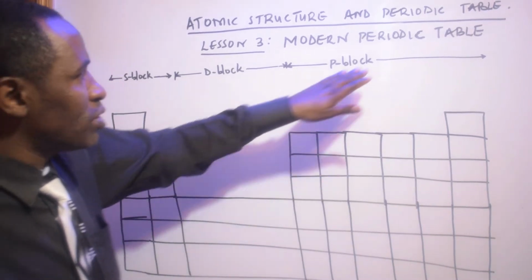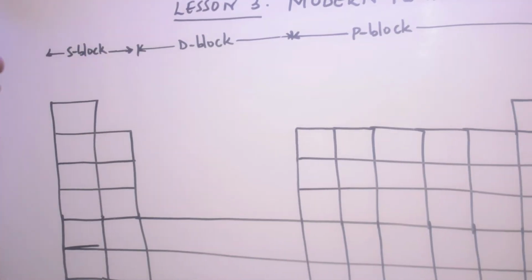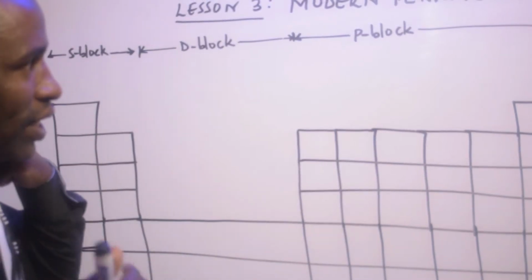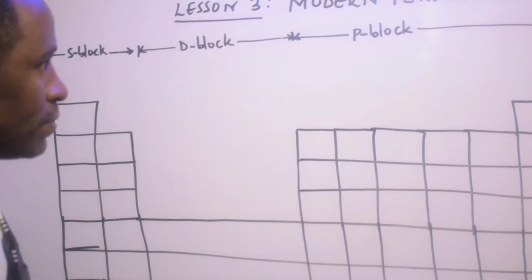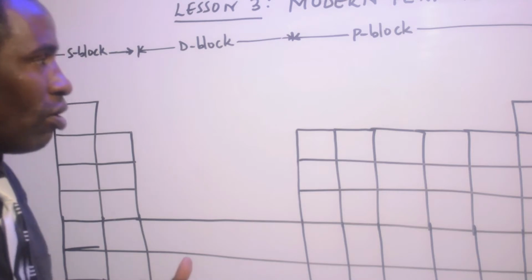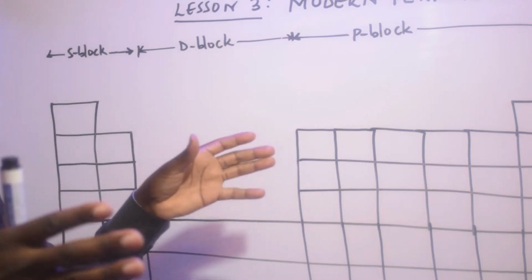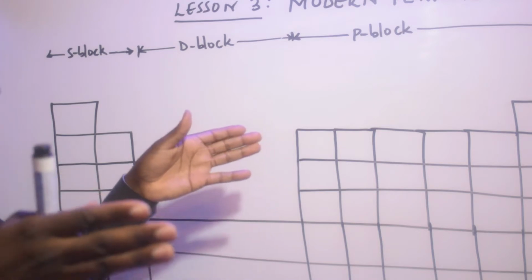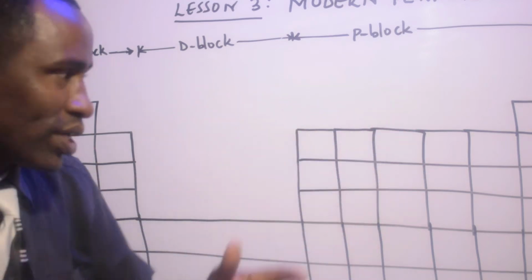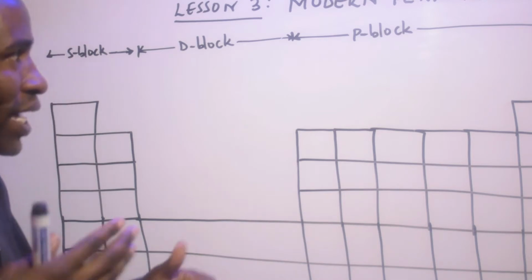In an attempt to study these properties, there has been a need to classify the elements based on their properties, so that elements with similar properties are arranged together, so that we can have an easy study.